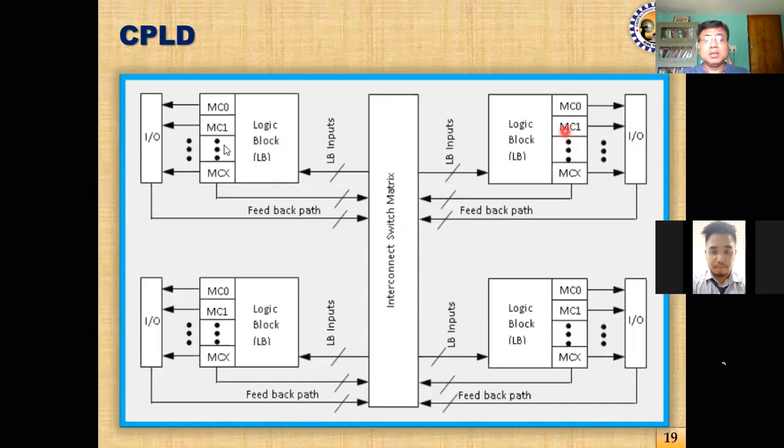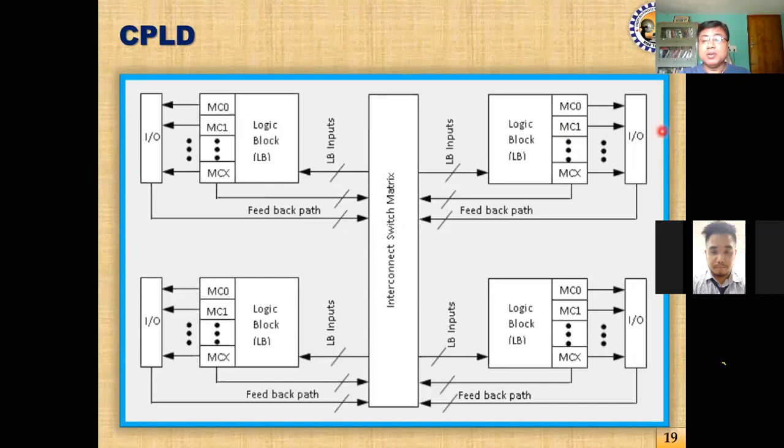Similarly, this provision is there in all the PLDs inside this CPLD. Now, how do we connect these CPLDs with the external world so that they can receive inputs from outside the CPLD?